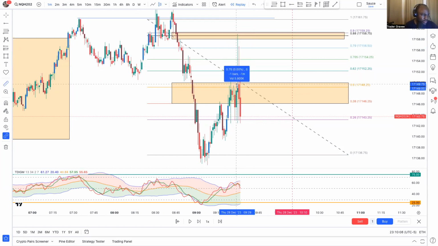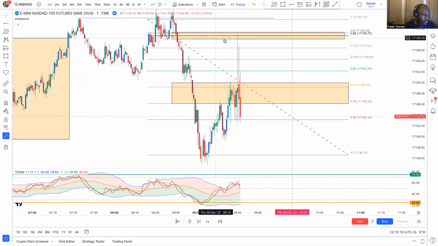And then from there, the opening to the close, 5 pips. So it ran up. See that 88? Hit it on the 1 minute. I don't have 30 seconds. I would love to see what that looked like. In 1 minute, it ran up and touched that. And then it ran back down.